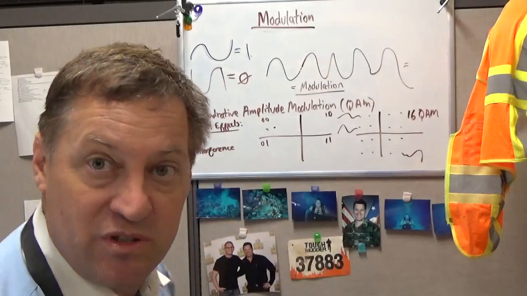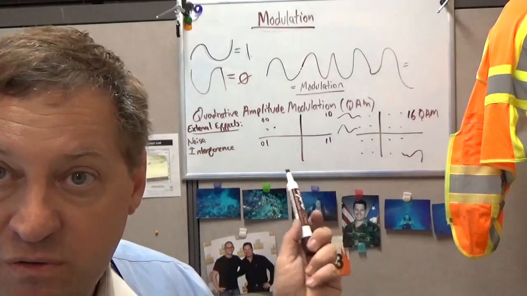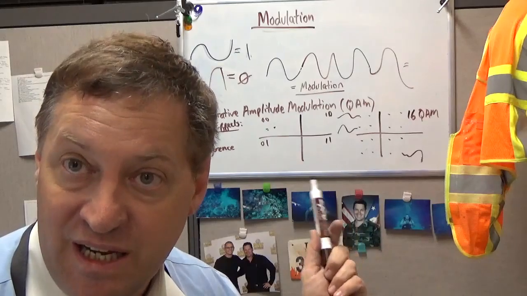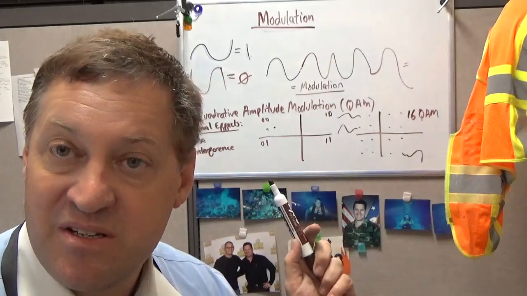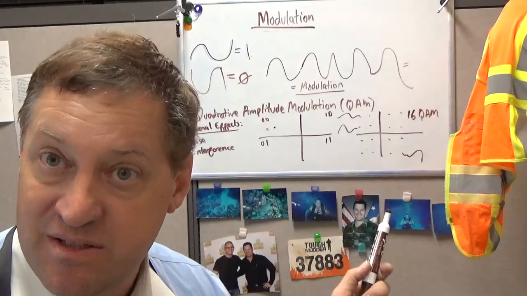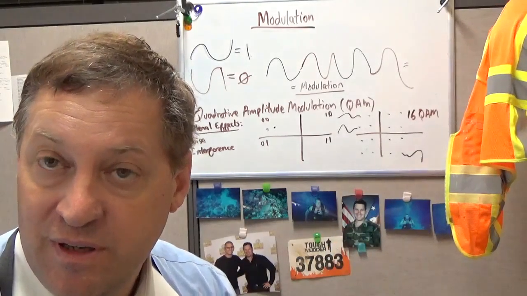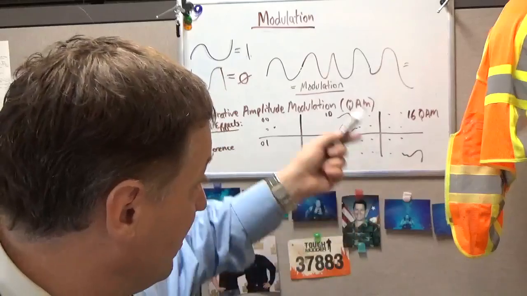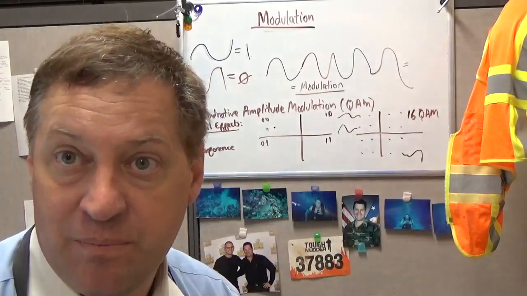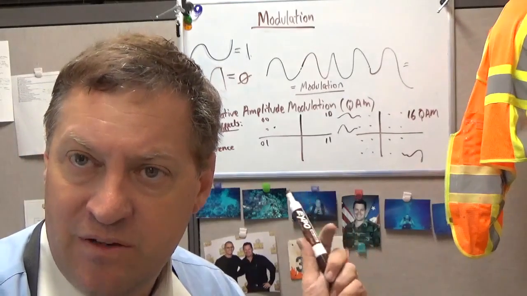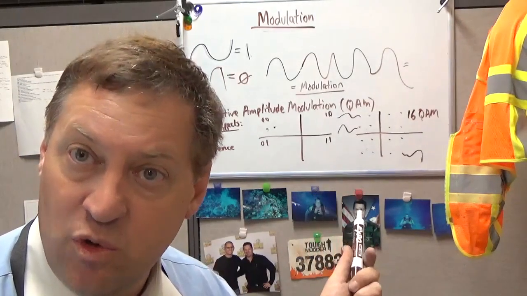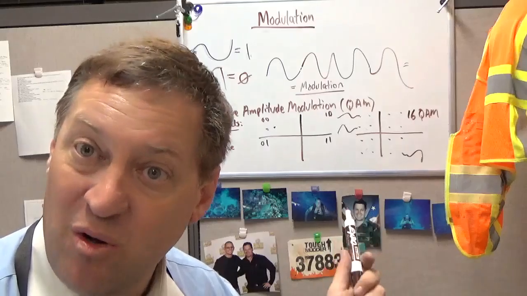In this example to the right, I have 4 smaller targets in each quadrant for a total of 16. So that would be 16 QAM for the total target set itself.